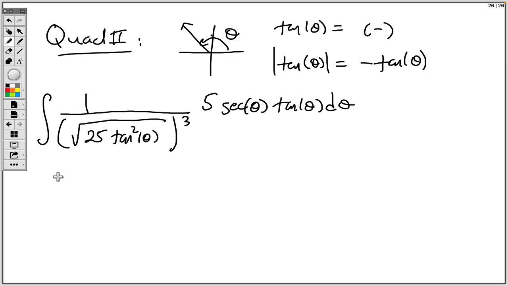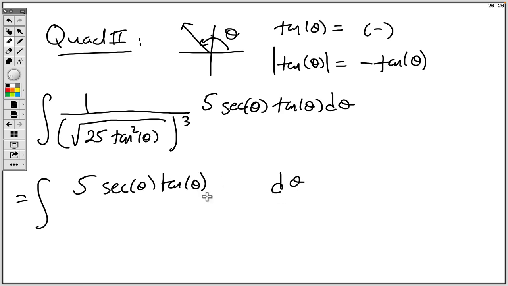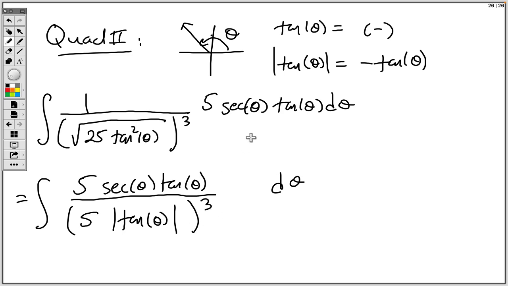This would simplify to the integral of, well, we've still got the 5 secant of theta tangent of theta in the numerator. That's not going to change, d theta. But down here in the denominator, the square root of 25 is 5. The square root of tangent squared, that's our absolute value tangent theta. And this is going to be cubed. So what happens is we've got a negative tangent theta in there.